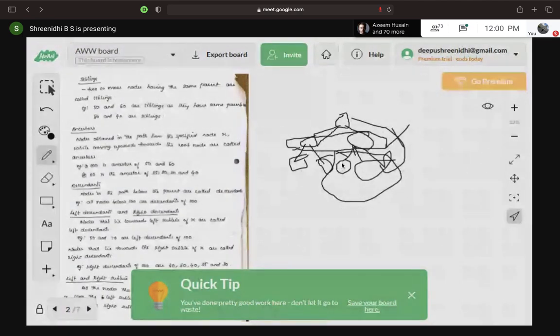Yes. Section A. Okay, fine. Nodes obtained from the path of the specified node X, moving towards the root node are called ancestors.